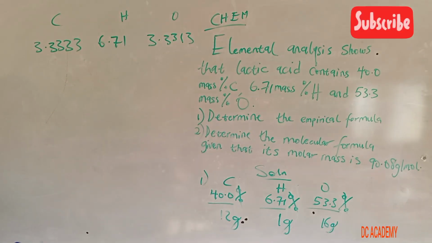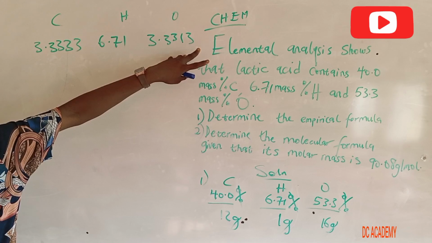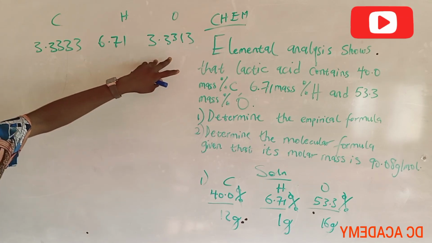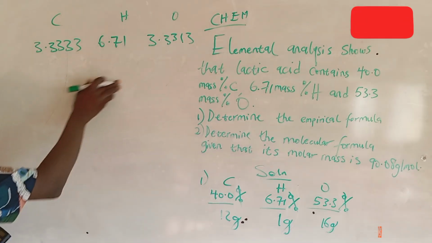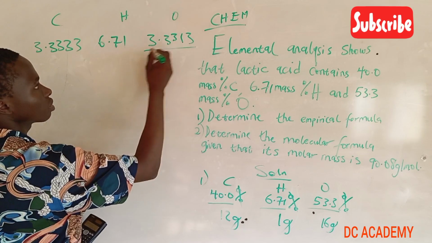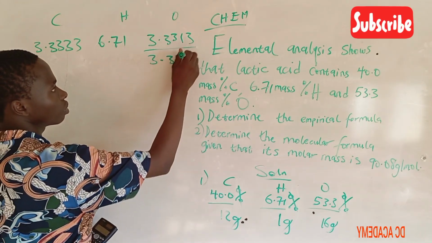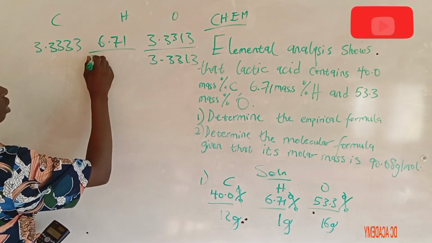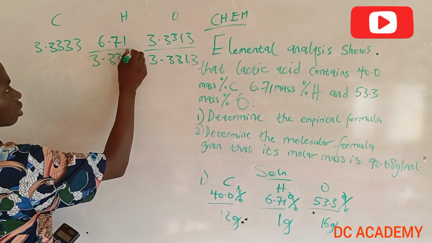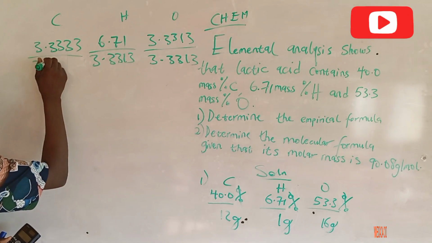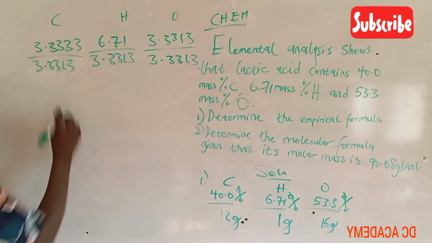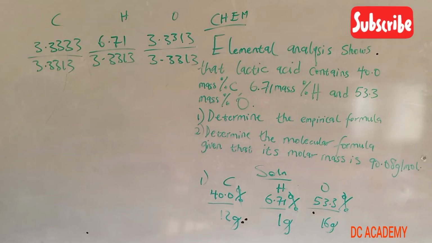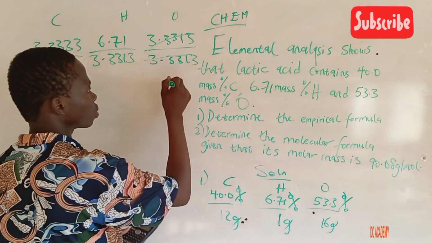So the lowest one is 3.3313, the value of oxygen. And then you divide all of them by this. So automatically you know that this is 1.